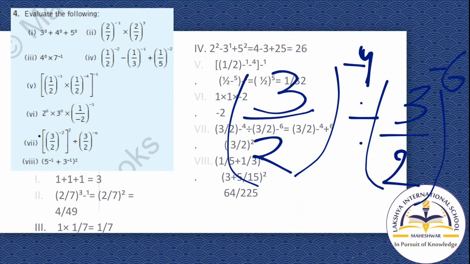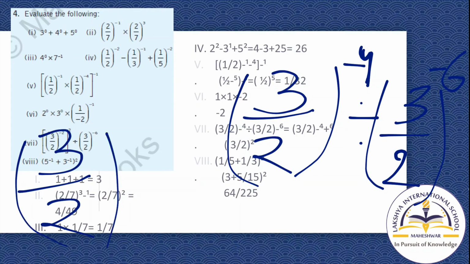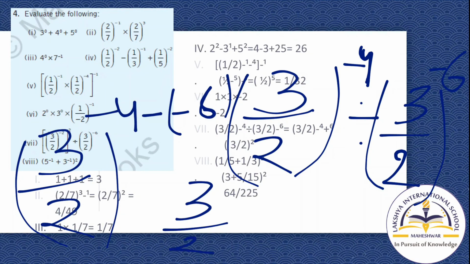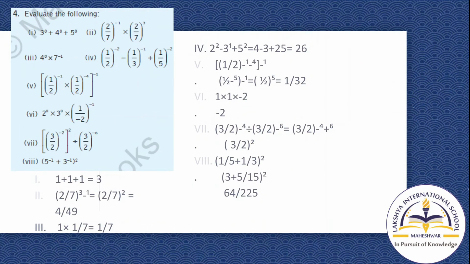Now the division sign is there, so (3/2) raised to minus 4 minus minus 6. Now what will be the answer? (3/2) raised to minus 4 plus 6 means 2. So (3/2) raised to the power 2 will be the answer.